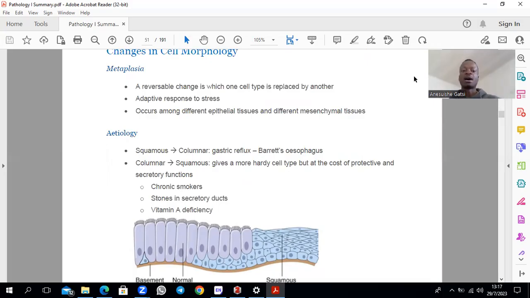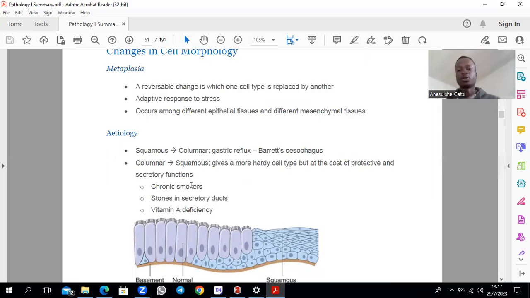For example, there is Barrett's esophagus, which is a metaplasia from the squamous epithelium of the esophagus to an intestinal epithelium in the esophagus. Is better adapted to acids that are refluxing. So that's GERD, gastroesophageal reflux disease.